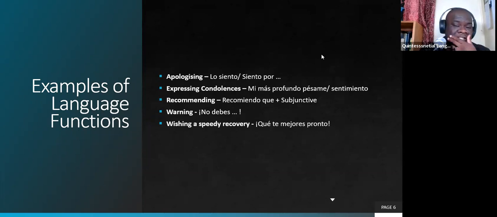To express condolences, "mi más profundo pésame," "mi más profundo sentimiento." To recommend something to somebody, "recomiendo que," followed by the subjunctive. "Sugiero que," followed by the subjunctive, etc. To warn somebody, "no debes," "cuidado," etc. Wishing somebody a speedy recovery, "que te mejores pronto," etc., right?